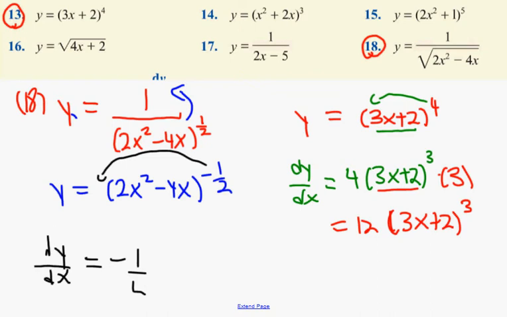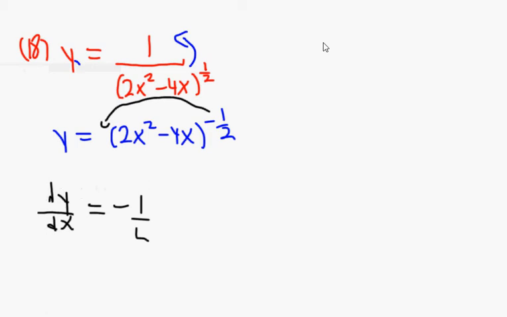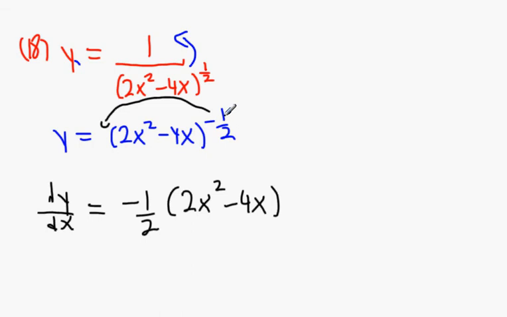So what's going to happen next is dy dx ends up being, bring the minus a half to the front. So we get minus a half, and then this is maintained. You never change what's in the bracket for the chain rule. And then what do we have to do to the power? Take away 1. Minus 3 over 2.